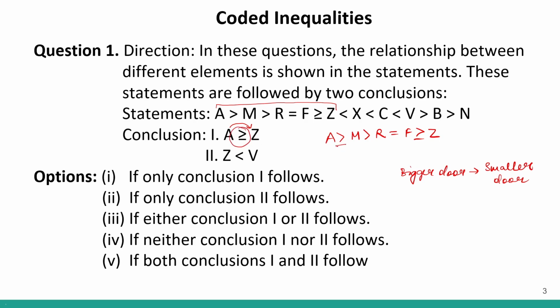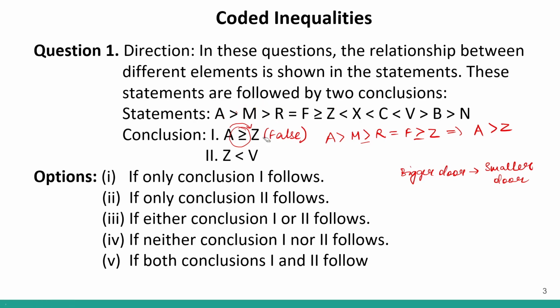No, because over here the symbols that are used are only for greater than and not greater than or equal to. Therefore, this is false. Based on this much information, I can conclude that A is greater than Z, but I cannot conclude that A is greater than or equal to Z. Only one possibility is there. Correct? So this statement is false.